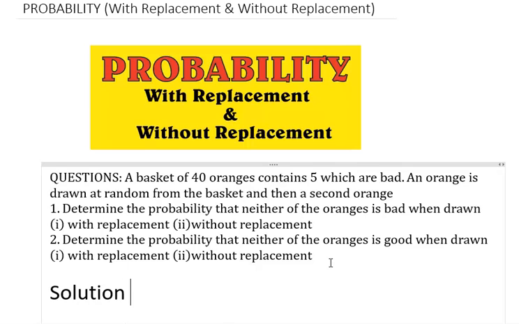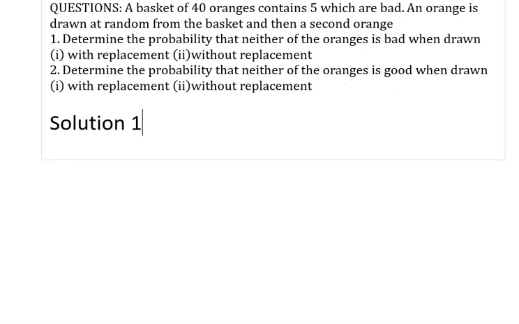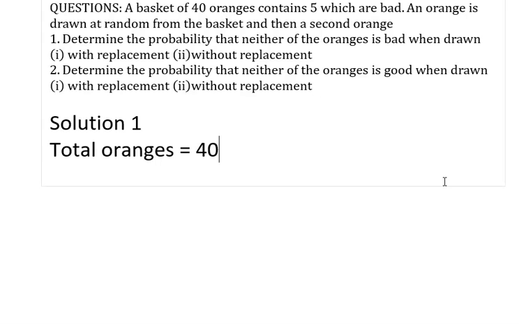Let's see solution number 1. Now, first thing first, let's bring out our parameters. We have 40 oranges. So we see total oranges. How many? 40. We are told that the basket contains 5 bad oranges.